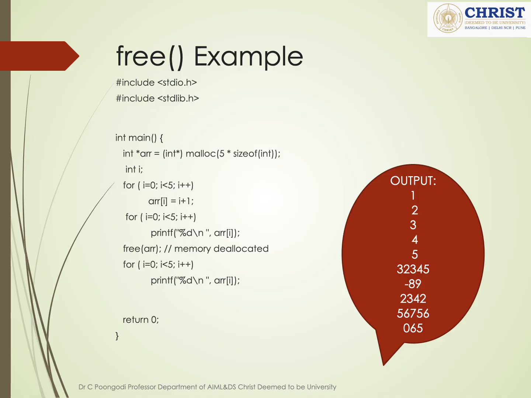These 5 values are before deallocating the memory, and the remaining output will give you the result after deallocation. There is no value stored, it is some garbage value, it is not needed. So this is how free works.